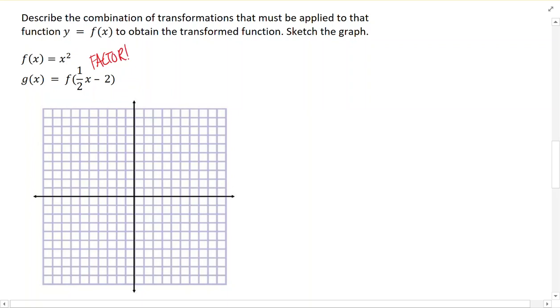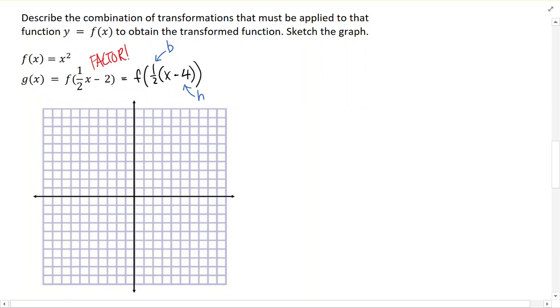Because as you can see right now, there isn't that second set of brackets there. So this will actually be f(1/2(x - 4)), taking out that factor, that half. Now we can start analyzing the different transformations. So this here is b and this here is h.